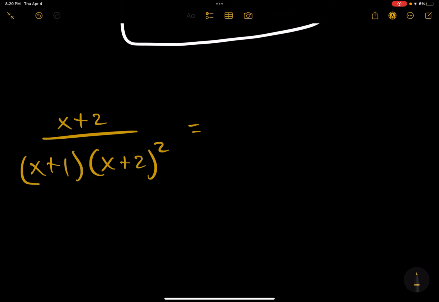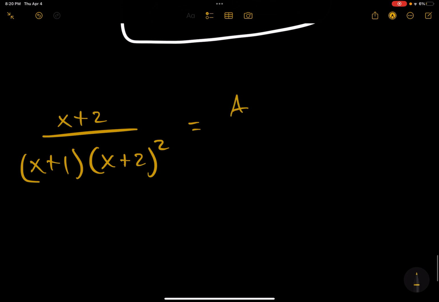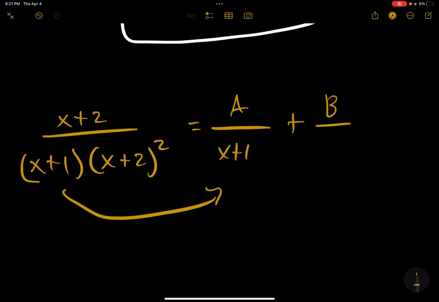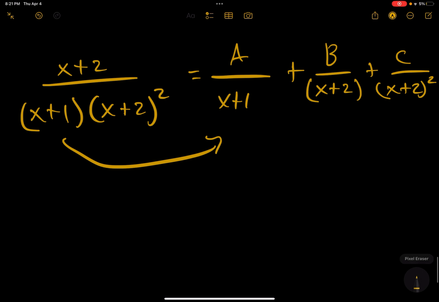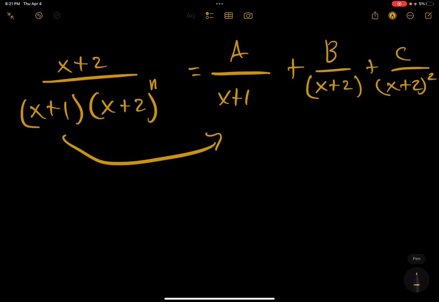In order to show this in the partial fractions, we do a over x plus 1 like we've done before, and then plus b over x plus 2, and then plus c over x plus 2 squared. If this was to be cubed, then we add d over x plus 2 cubed. That's how it works.